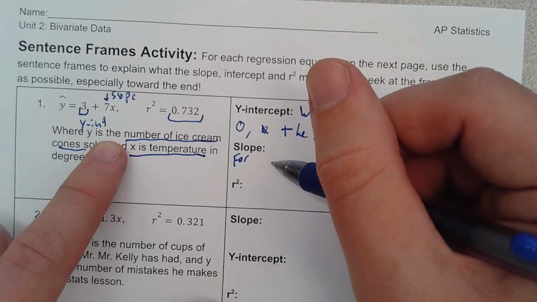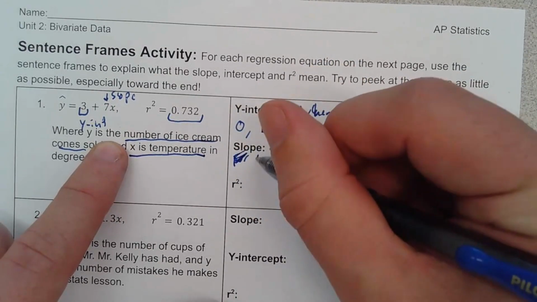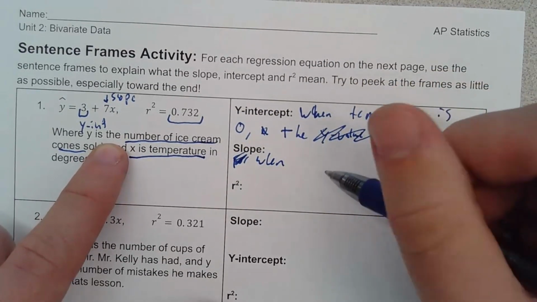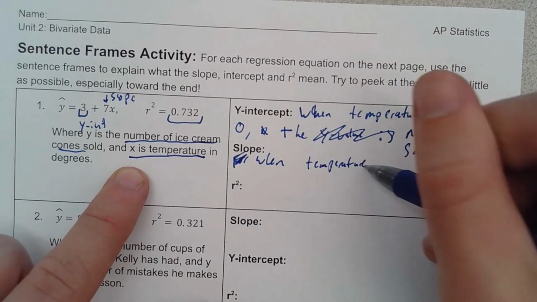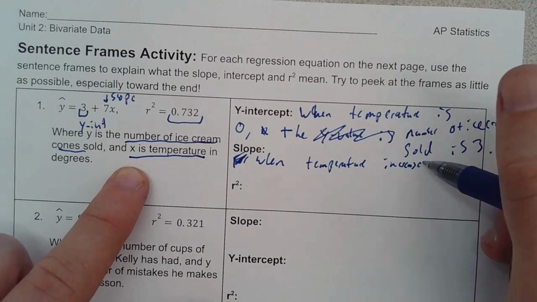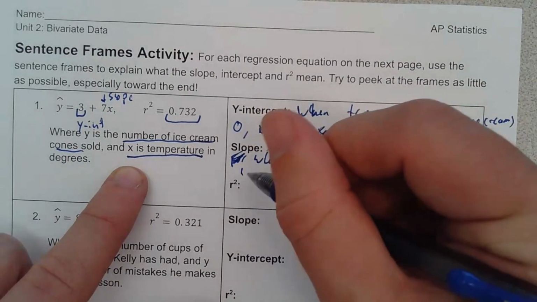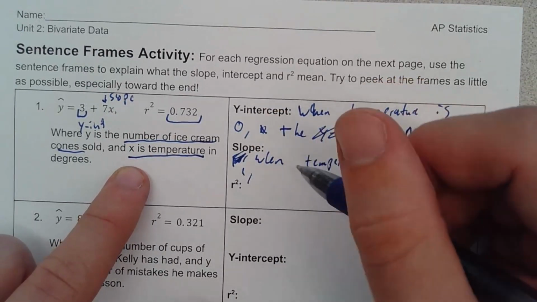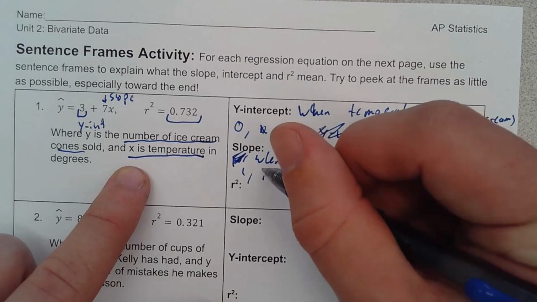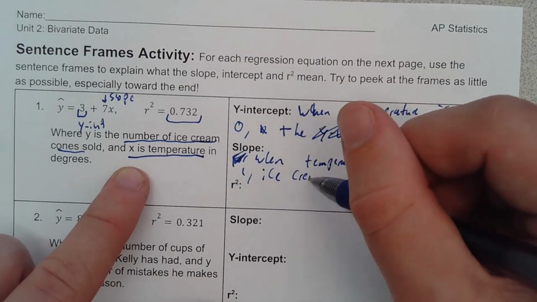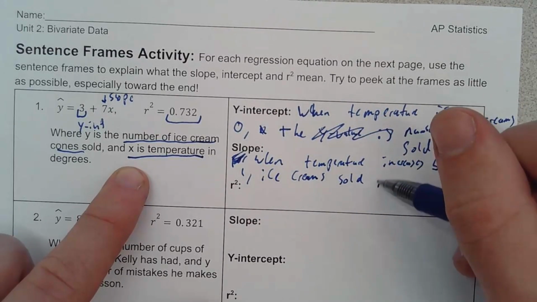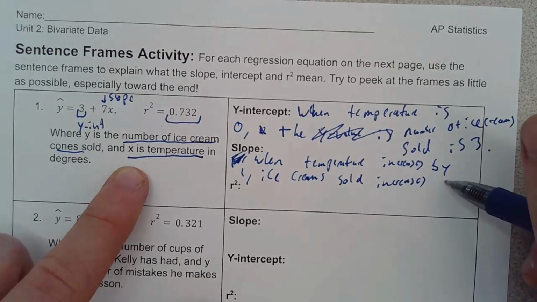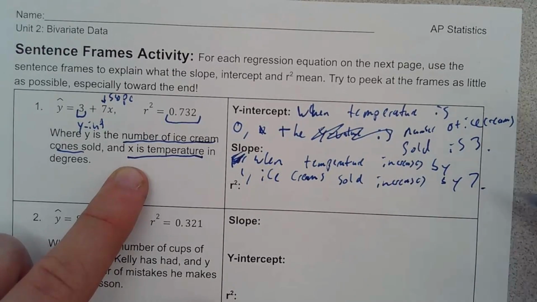Slope. My slope is 7, so I say when temperature increases by 1, ice creams sold increases by 7.